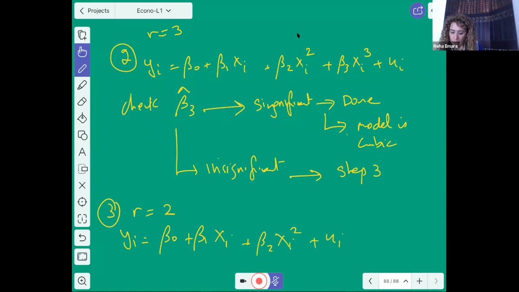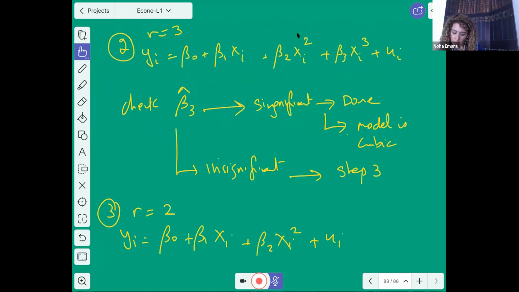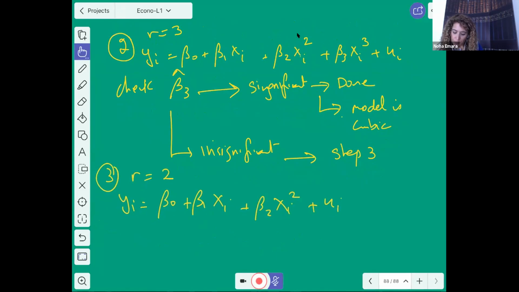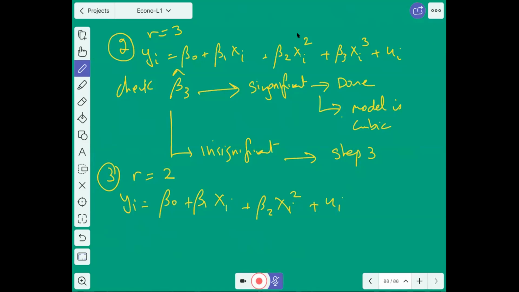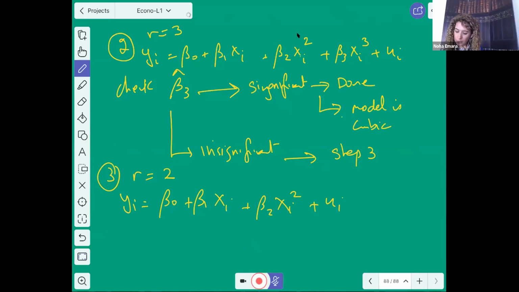And again, I'm sure you can expect what we're going to do next. What do you think? In step 3, what do you need to do? Check the significance level of beta 2. Exactly.